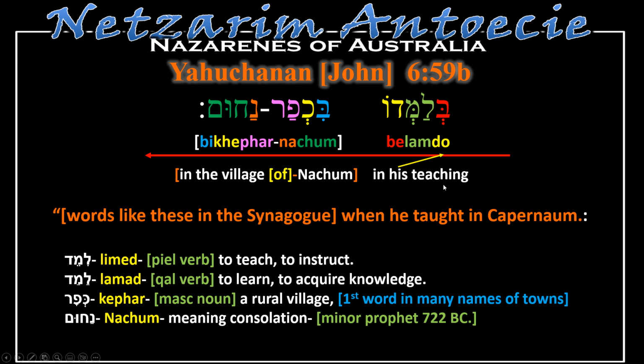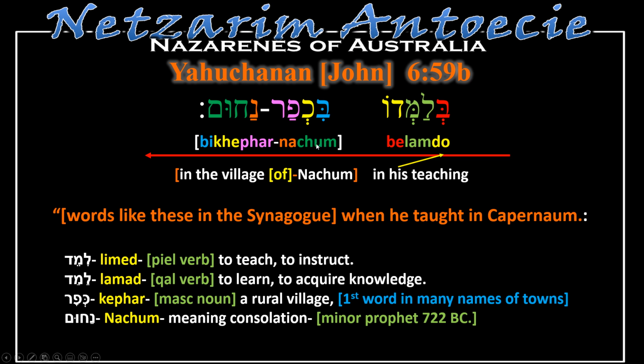So it means in his teaching, be kefar nachum. So the bet again is in, and kefar meaning village, and Nachum is the name of the village, and Nachum, of course, is the minor prophet. And I've given it down here, Nachum meaning consolation. Minor prophet from 722 BC.